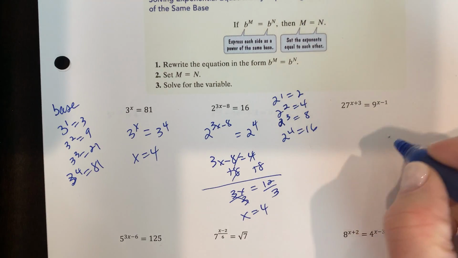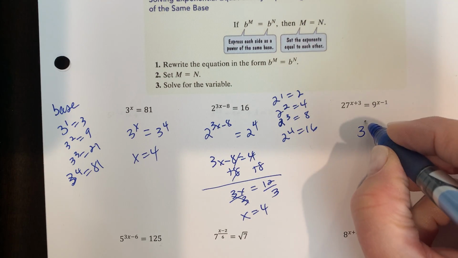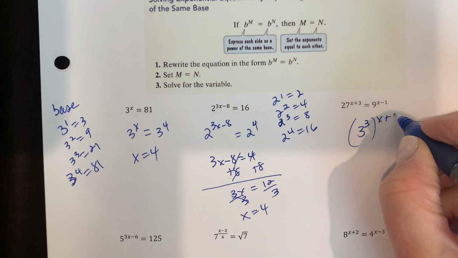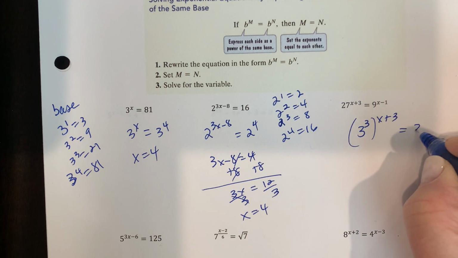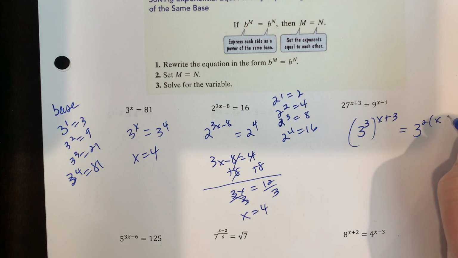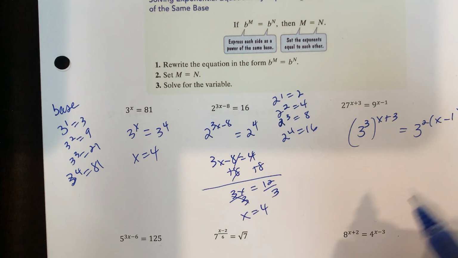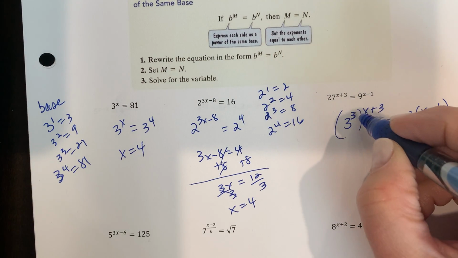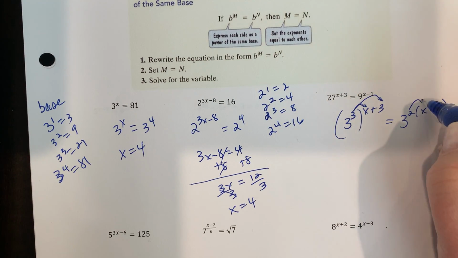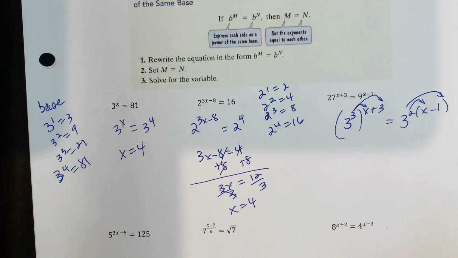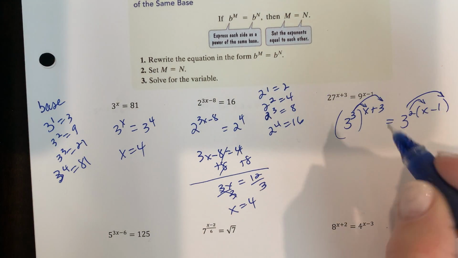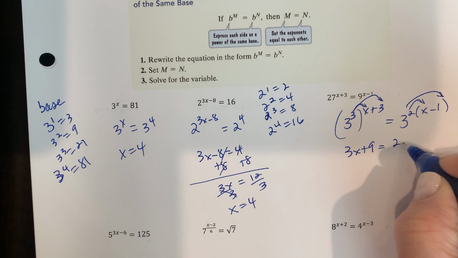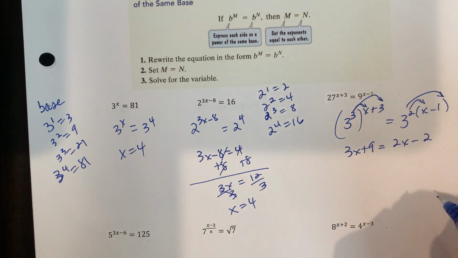So let's rewrite that. 27, I'm going to write as 3 to the third, x plus 3, and then 9, I'm going to write as 3 squared, x minus 1. Then you're going to distribute the 3, distribute the 2. So then you're going to have 3x plus 9 and 2x minus 2, and then just solve for x.